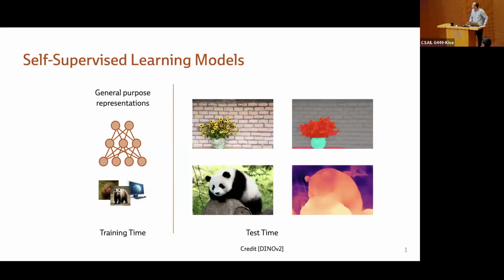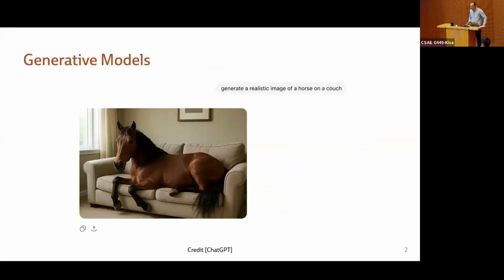For instance, you can perform image segmentation, so you can discover the underlying objects inside an image, or you can extract some properties out of the images, like performing depth estimation. On the other hand, we have generative models, which we are all familiar with, that can generate really compelling images.